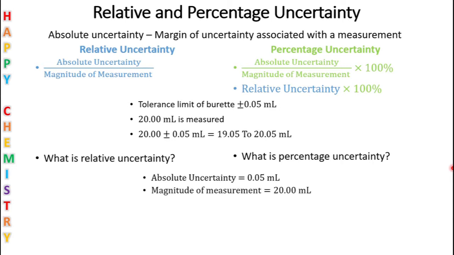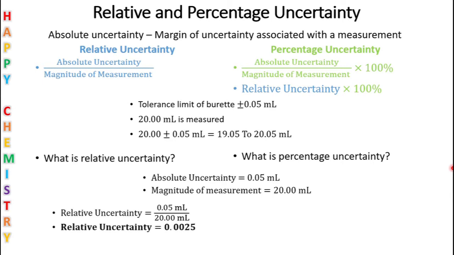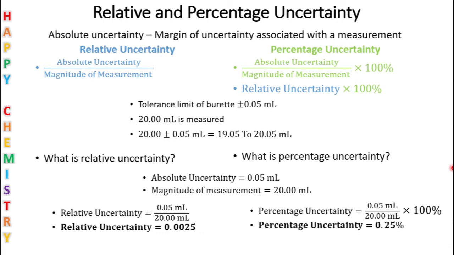The relative uncertainty is calculated by dividing 0.05 milliliters by 20 milliliters, which is 0.0025. Relative uncertainty is converted to percentage, which is 0.25%. These parameters give a more quantitative representation of the error associated with the measurement.